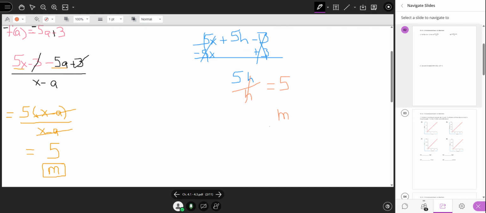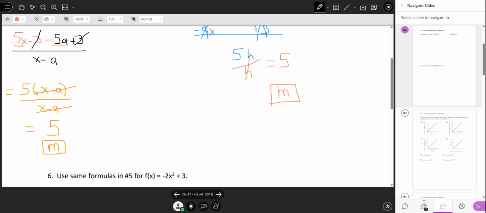So again, it's m. So your shortcut on both of these is m. How cool is that? Now, is that how it's going to be for x squared? No.